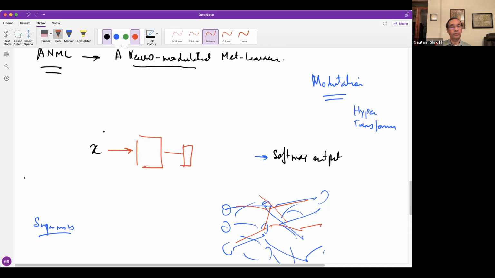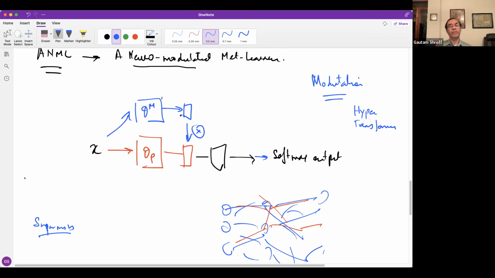And this part is blue. Neuromodulation. Then of course it's all black out there. Softmax. So the parameters of this guy are theta predictive. The parameters of the blue guy are theta neuromodulated, so modulation.